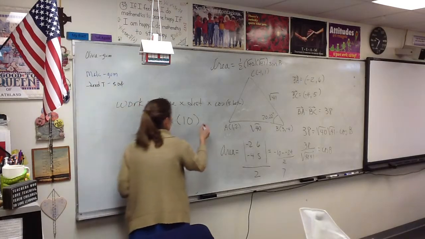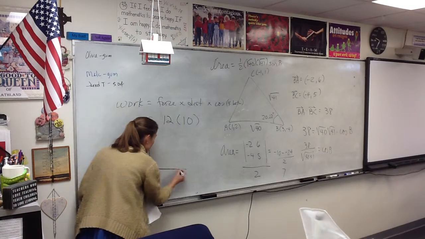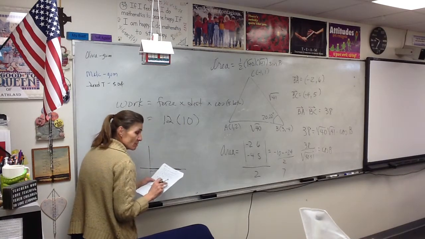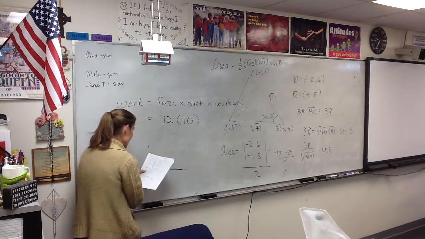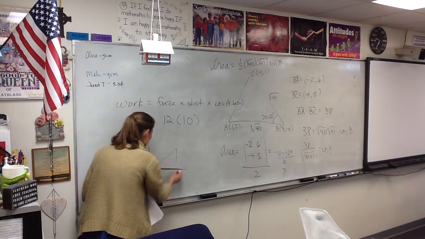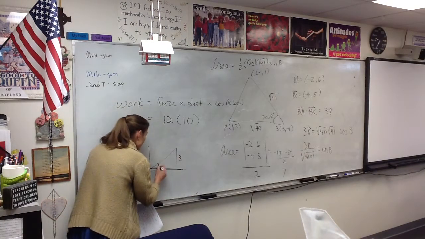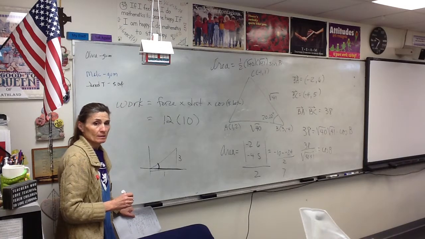And the cosine of the angle now. The object is being moved horizontally. It says 0, 0 to 10, 0. It's being moved this way. The force is acting at an angle of over 1, up 3. This is the angle in between. How are we going to find that angle? Oh, we can do tangent.